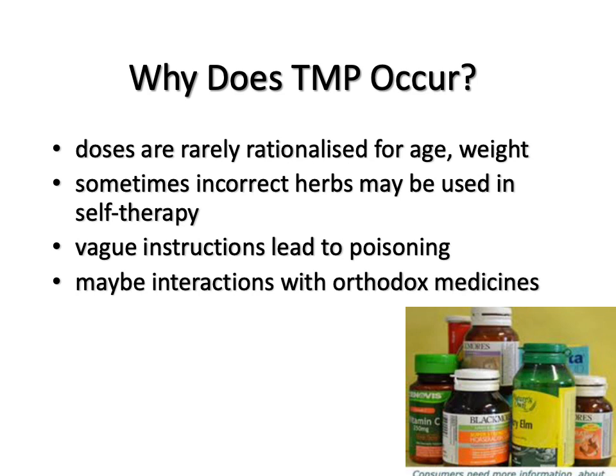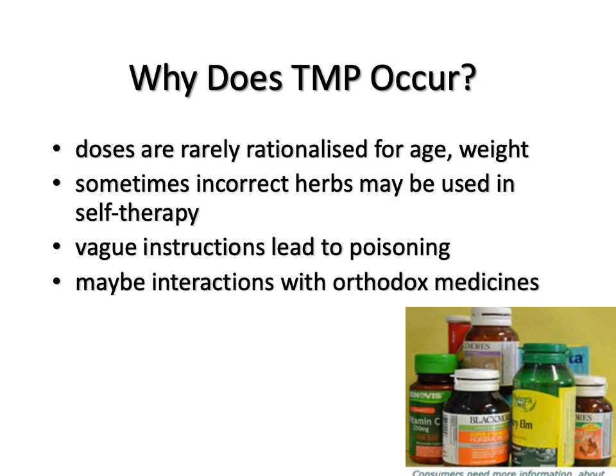And sometimes there could be a risk of interactions with orthodox medicines. For example, we do know that some plants like Securidaca longepedunculata have salicylates. And if someone is exposed to salicylates, maybe they are taking aspirin, and then in addition they also take this particular plant, you could get an increase in salicylate levels and therefore suffer from poisoning.